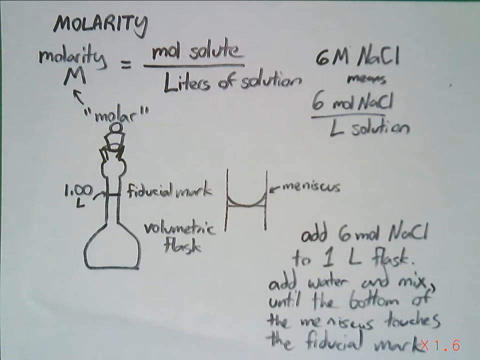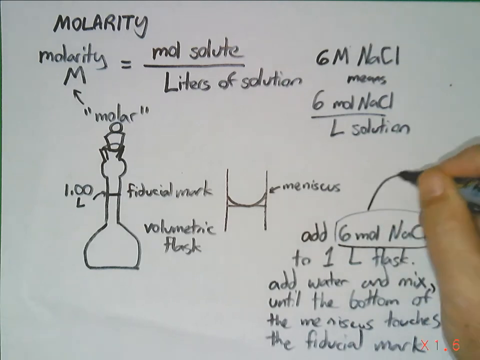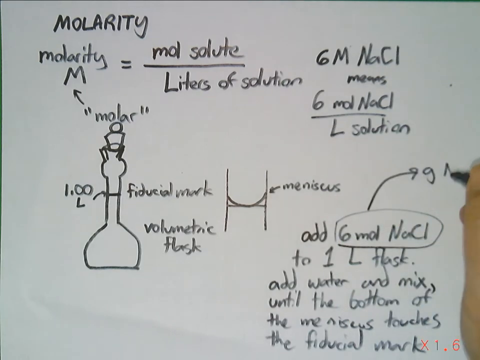But we already know what to do with this from a previous chapter. I can weigh grams of NaCl. So what I need to do before I execute my recipe here is figure out how many grams of NaCl that is. If I do that, then I can go weigh out that many grams of NaCl on a balance.